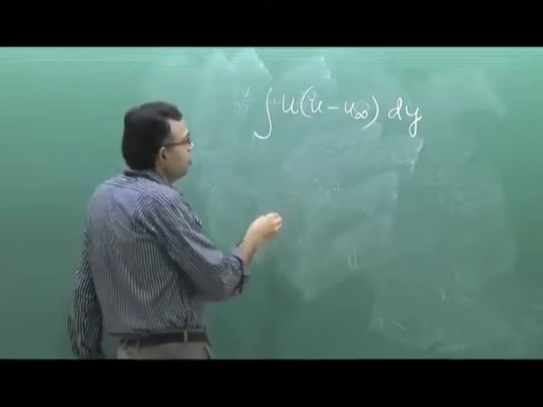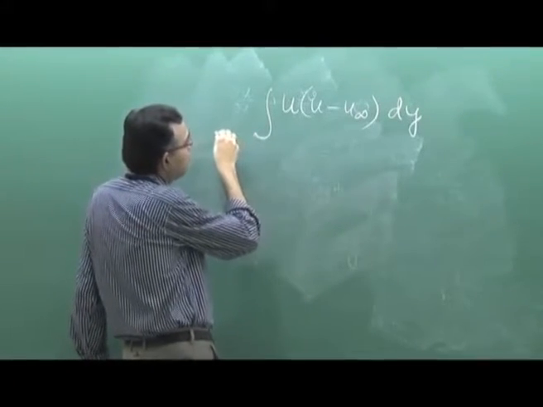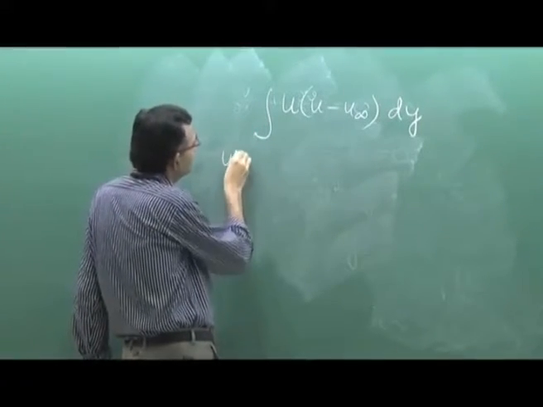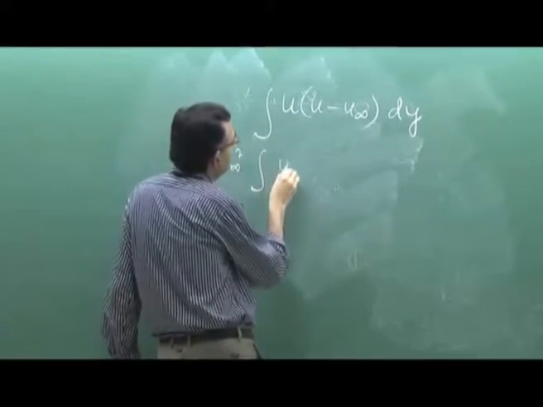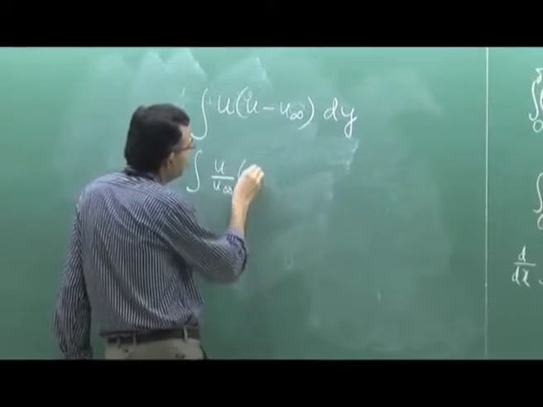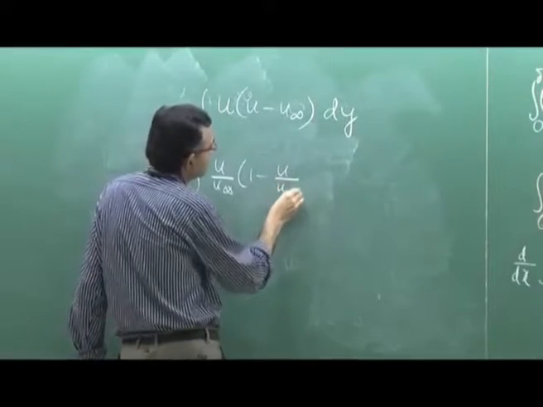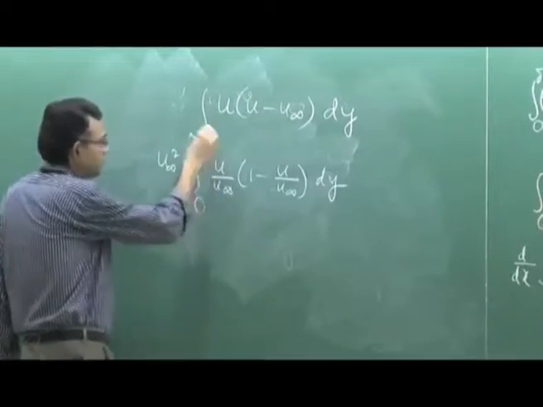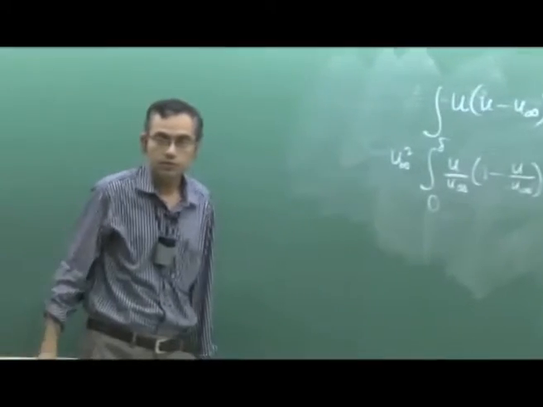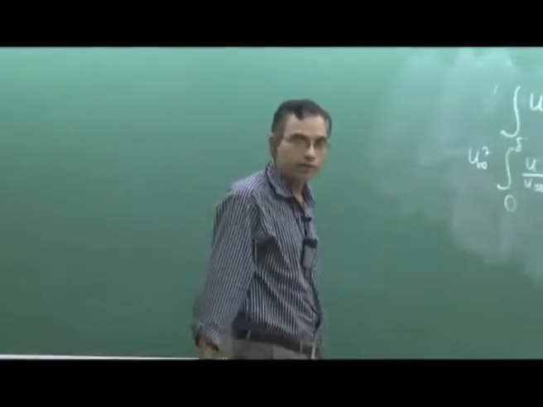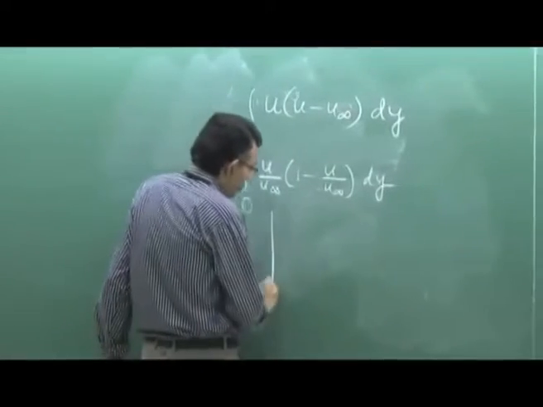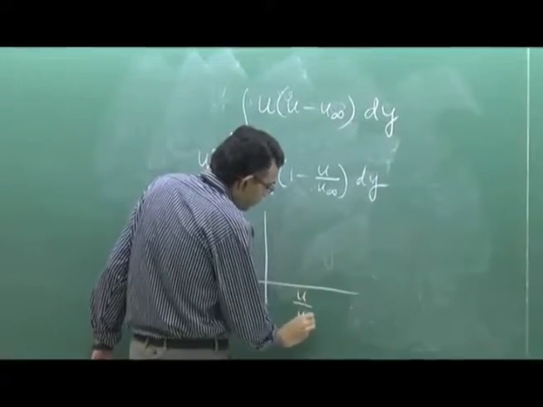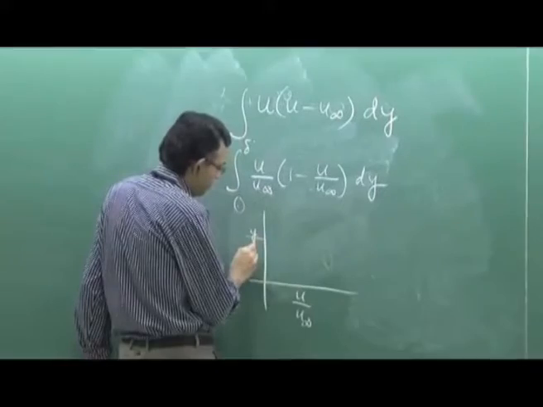So if you write this as u infinity square, you take outside the integral, then it is u by u infinity into 1 minus u by u infinity. So u by u infinity is a function of y by delta.